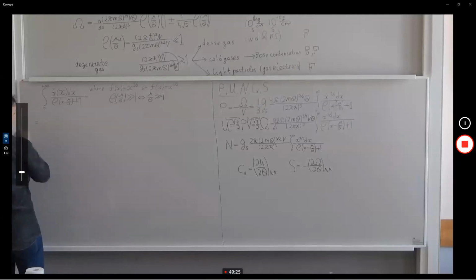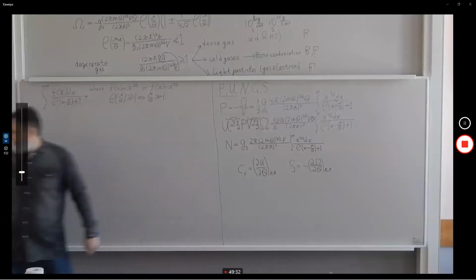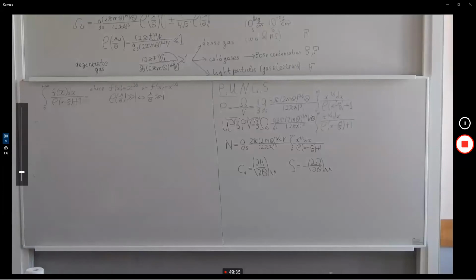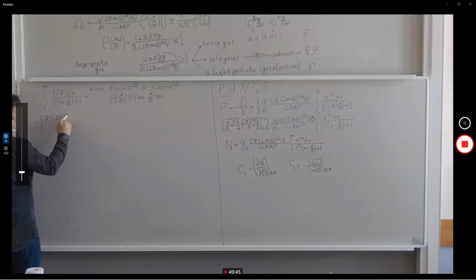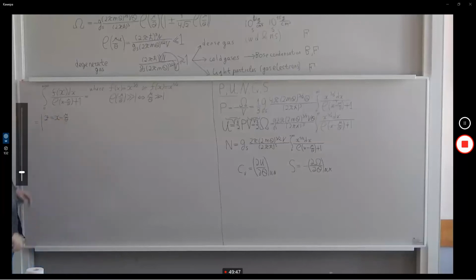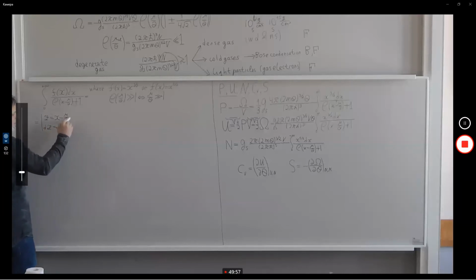Let us continue. At the first step, I introduce a new integration variable. I will denote it by z, and it will be equal to (x minus μ) divided by θ. In fact, it's the argument of the exponent. The integration measure is preserved by such a change of variable.